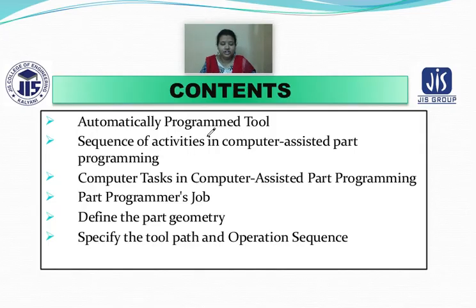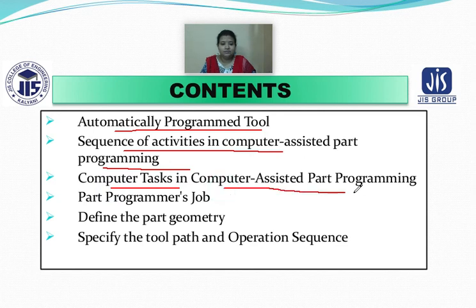Initially we will start with the introduction of Automatically Programmed Tool: its importance and how it is implemented. Then we will talk about the sequence of activities required for computer assisted part programming, and then the computer tasks in computer assisted part programming.